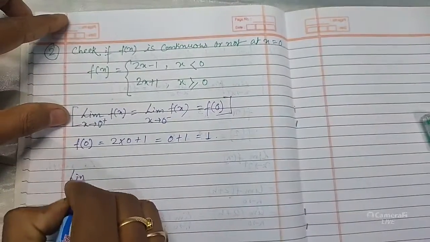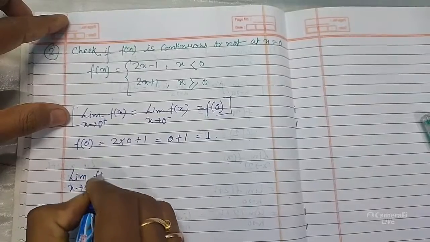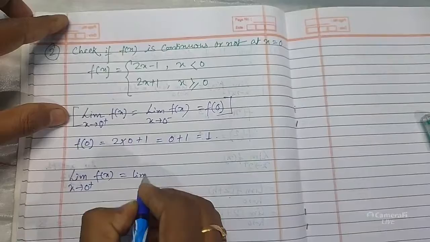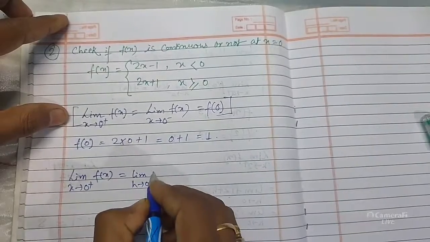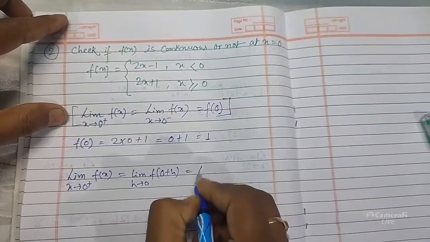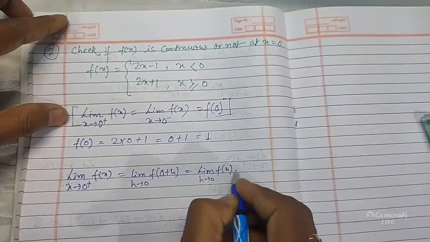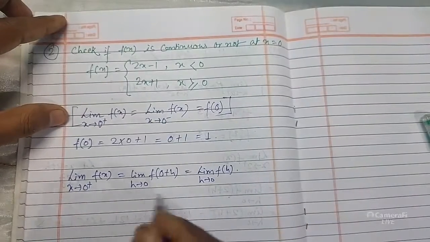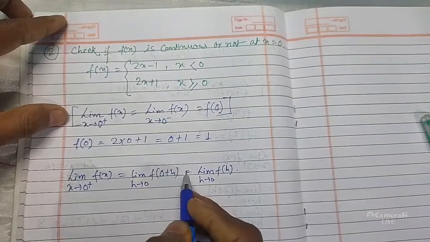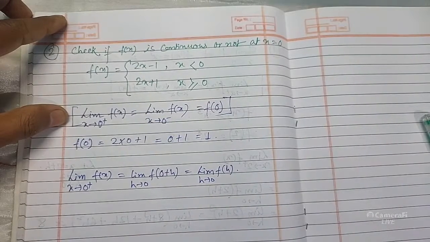Next, the limit as x tends to 0 plus of f(x). That means the limit as h tends to 0 of f of 0 plus h, that is the limit as h tends to 0 of f of h. If I am taking x tends to 0 plus, it means 0 plus h. So if x tends to 0, h also tends to 0.